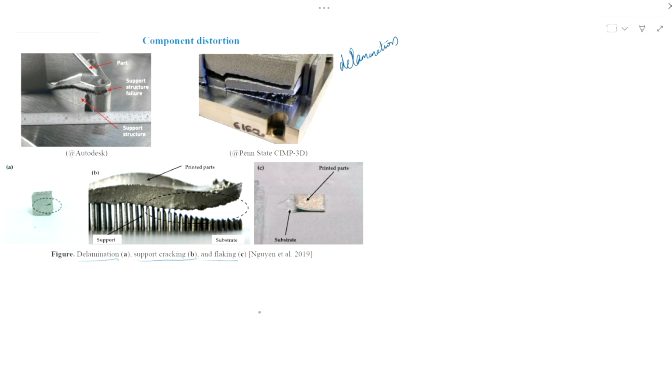Suppose we have this component, and the crack is in between the component, like this. This is a delamination.